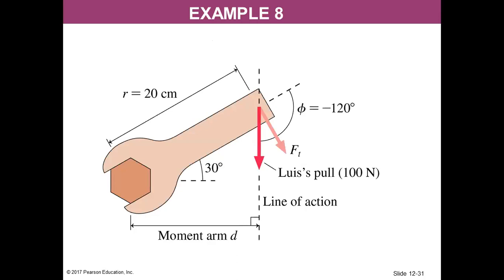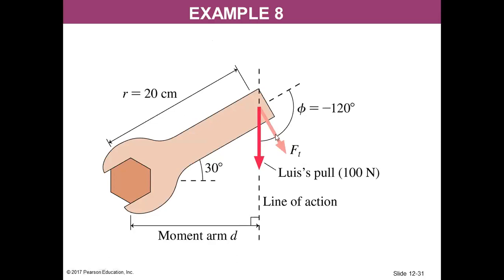So as you can see, this force is acting vertically downwards. So we need to get this component that is perpendicular to the surface of the wrench. So either we use this, we get the phi, which is 120 degrees, or we can get this angle.